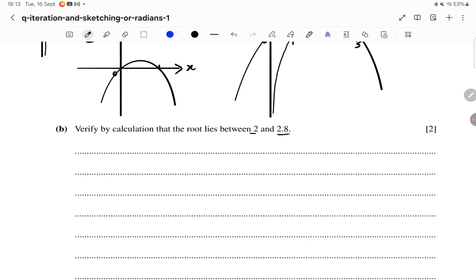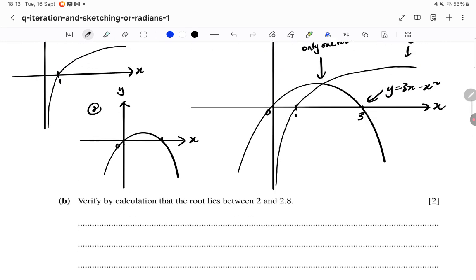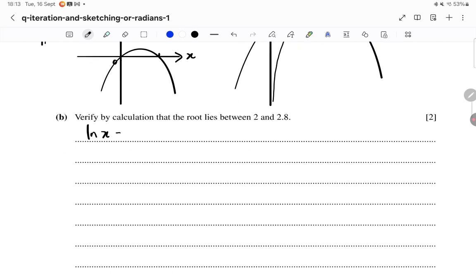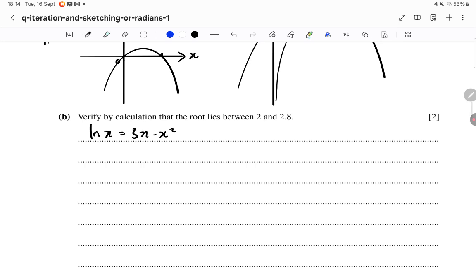First off, you have our equation ln of x equals 3x minus x squared. Either way works, but personally I believe it's best to take the right hand side and bring it to the left hand side. So you get something like this.